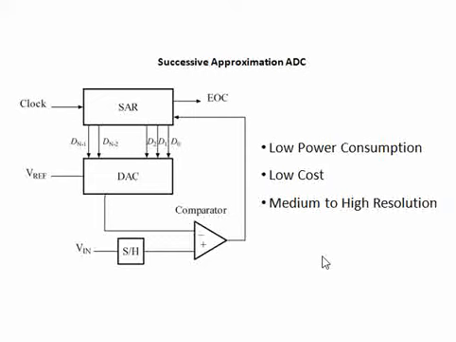So, considering all these, if you take any microcontroller in the world, you can see that mostly they use the successive approximation type ADC. So this is the basic block. So there are two things here.